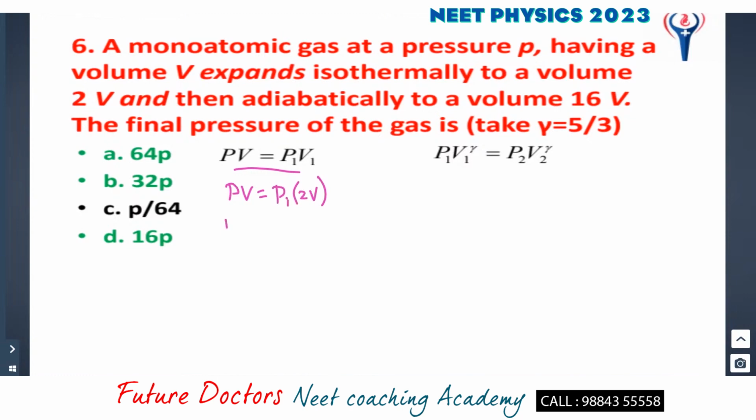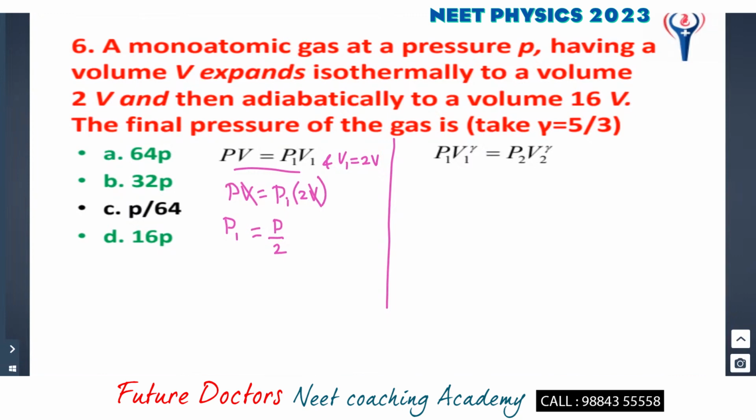From this, V gets cancelled, and P1 equals P by 2. Already given, V1 equals 2V. Then PV power gamma equal to constant is the adiabatic equation of state. It means P1 V1 power gamma equals P2 V2 power gamma.